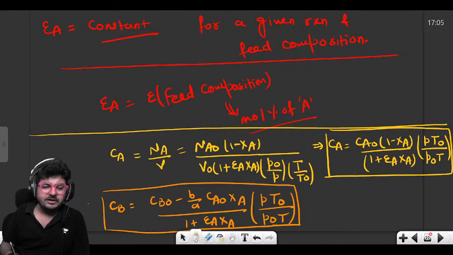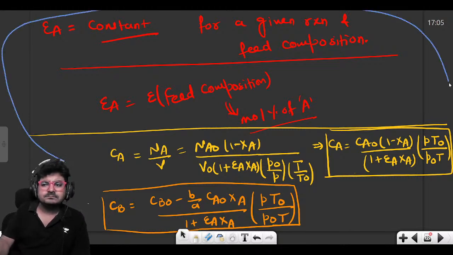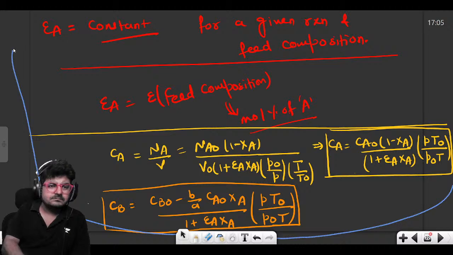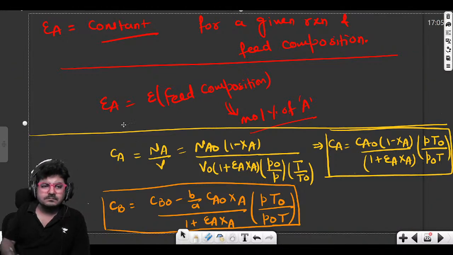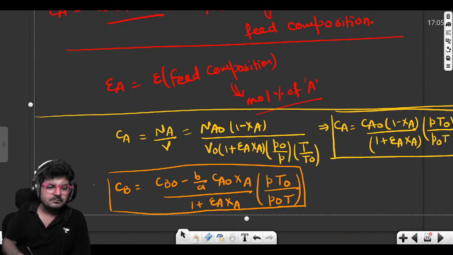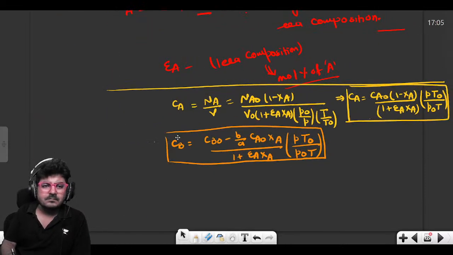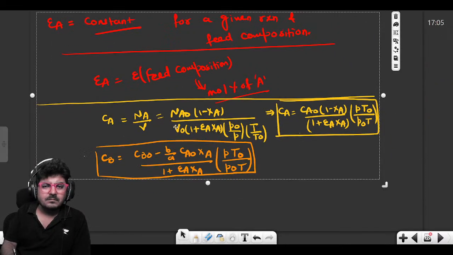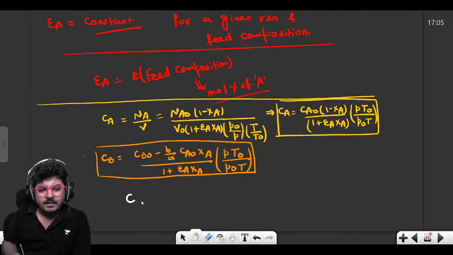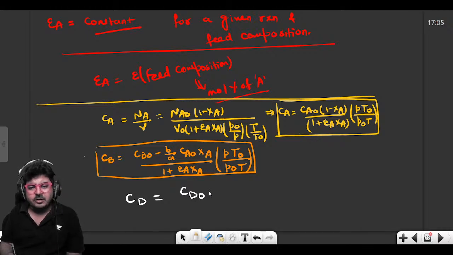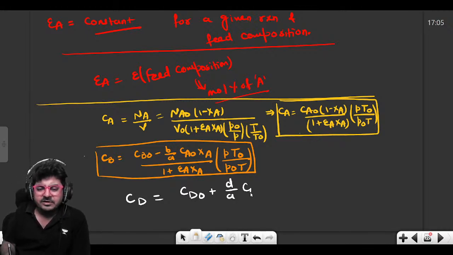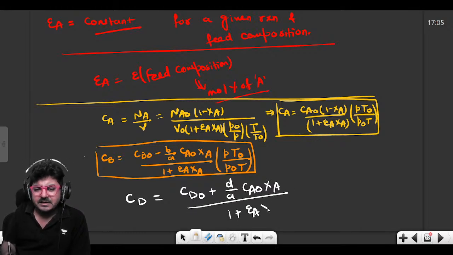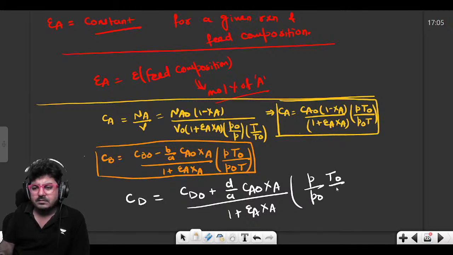Similarly, if you have to write for D, CD will be like CD naught plus D by A times of CA naught into XA divided by 1 plus epsilon A XA into this.